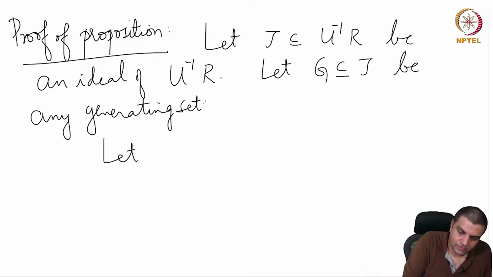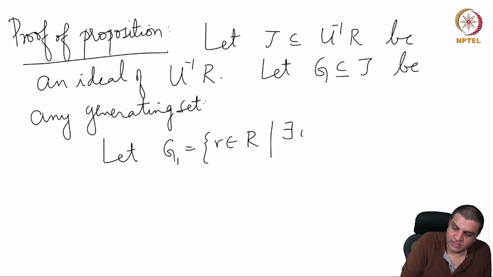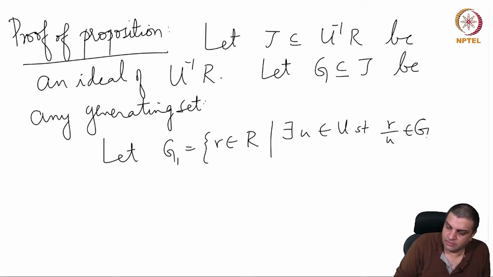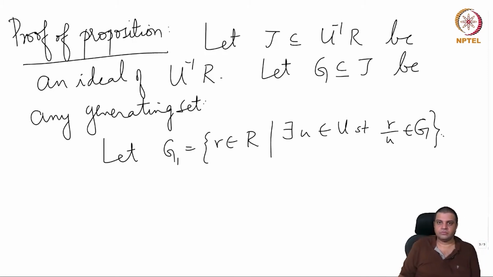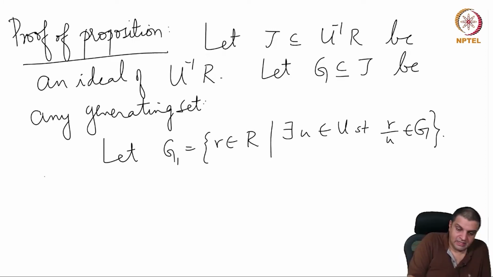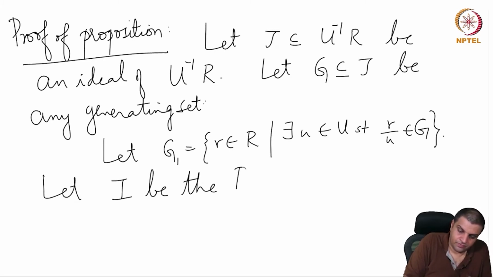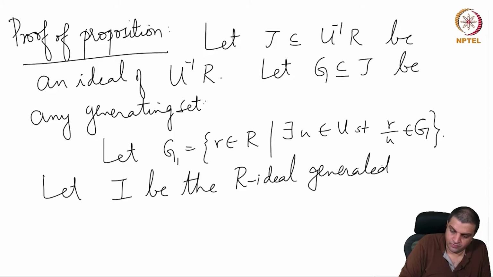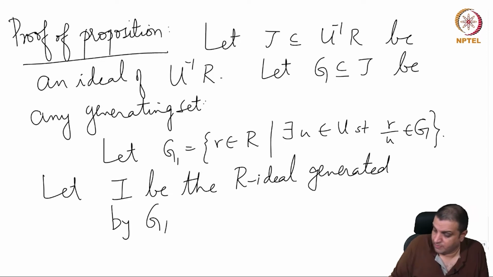Now let G1 be the set of r in R such that there exists u in U such that r over u is inside G. So these are the numerators that appear in the fractions inside G. Let I be the R-ideal generated by G1. The claim is that J is the extension of I.